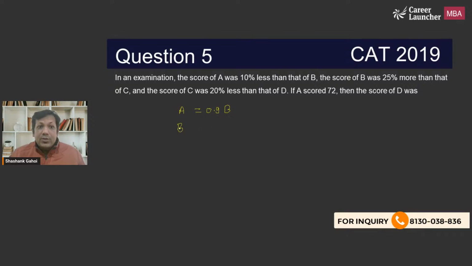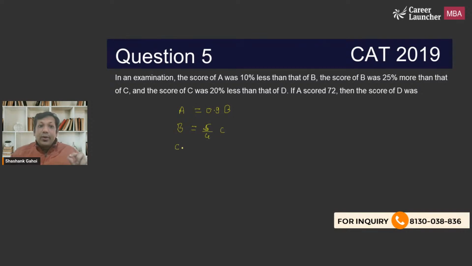B is scoring 25% more than C. So 25% means 1 by 4. So B is scoring 5 by 4 of C, means 125% of C.